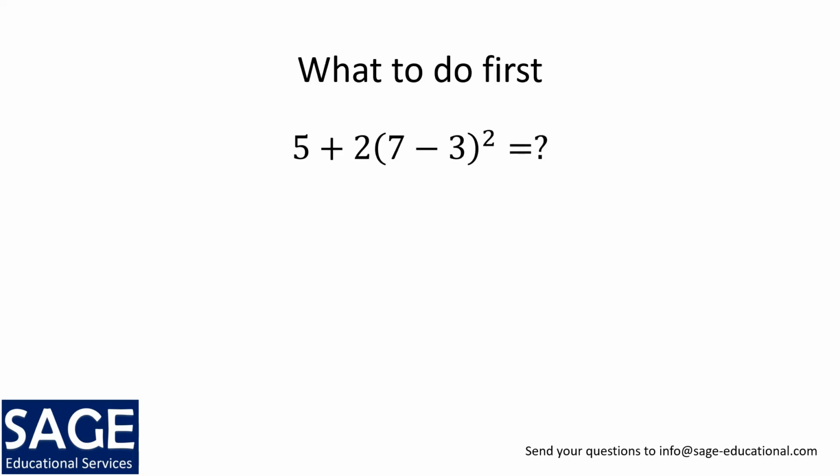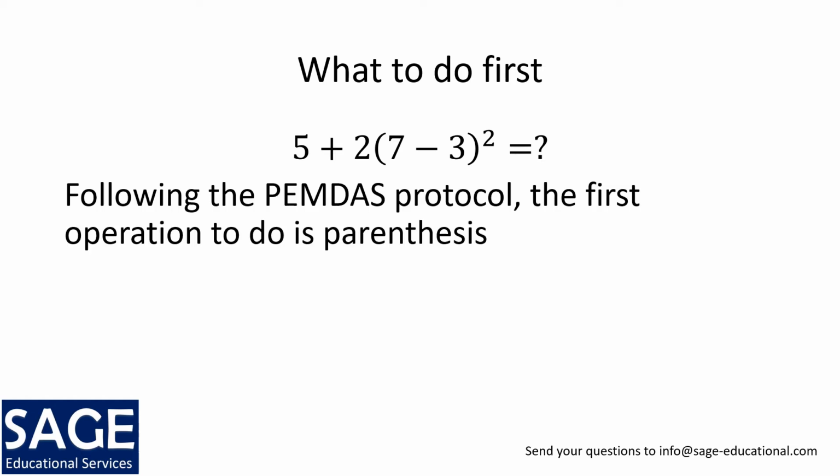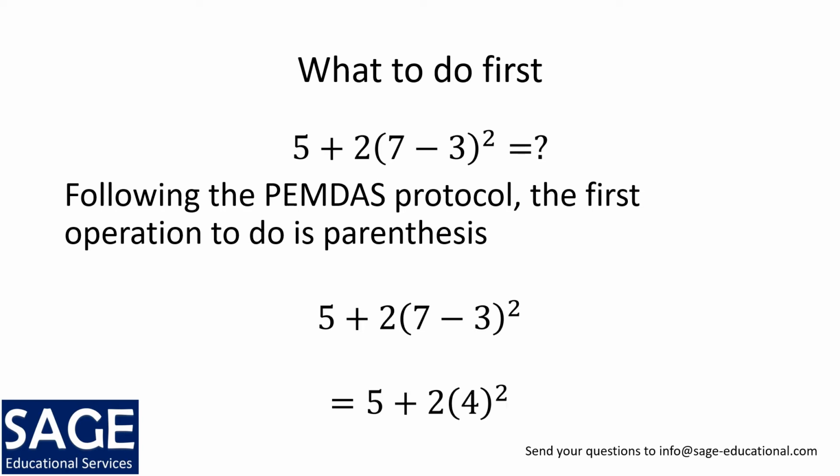So when you want to follow this, there is addition and there's subtraction, there's multiplication, there's an exponent, and there are also parentheses. The first thing that we need to solve is P, parentheses. So 7 minus 3 is 4. So the next step would be 5 plus 2 times 4 squared.